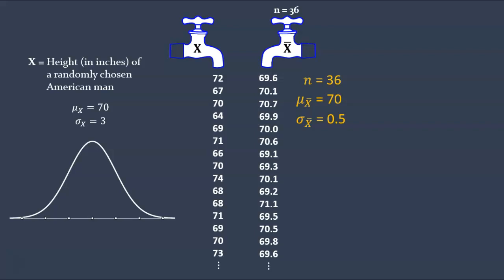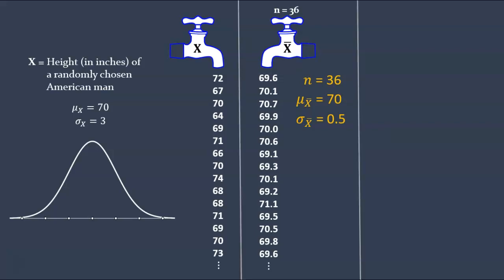The standard deviation of x, a full 3 inches, is 6 times as large as the standard error of the sample mean. And we see this reflected in the sorts of numbers emerging from the two spigots. The Xbar spigot produces numbers that are clustered much more tightly around the mean of 70 inches. But this all presumed a specific sample size of 36.